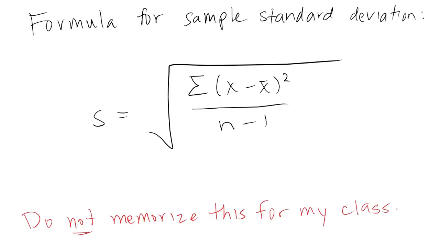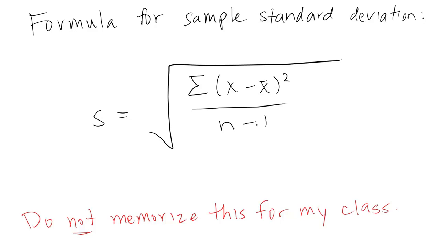The formula for the sample standard deviation says, find the sample standard deviation by first calculating the deviations from the mean, that is, take each value of the variable and subtract the mean. Then square all of those deviations. We'll get into why you want to do that. Find the sum of those squares of the deviations from the mean.